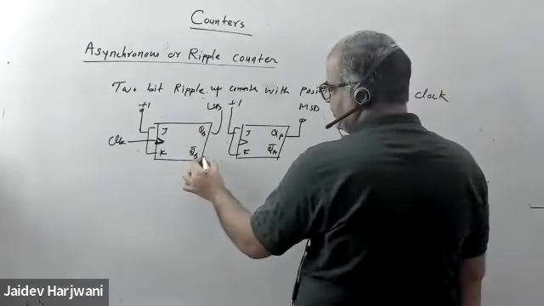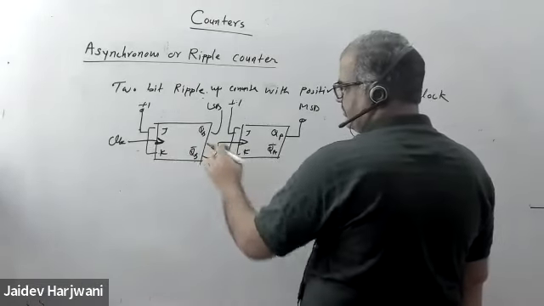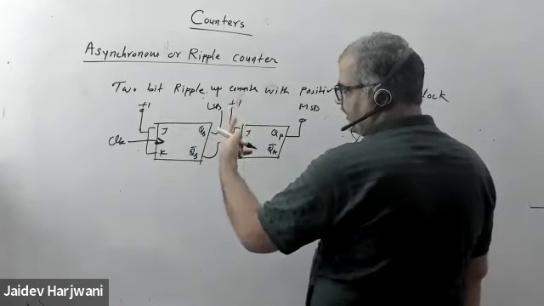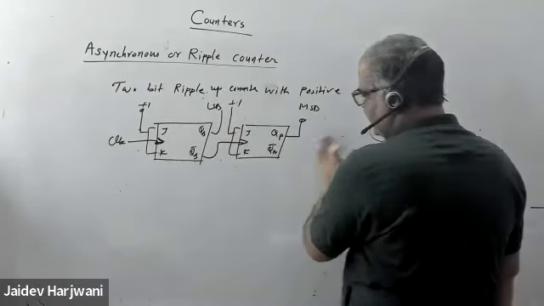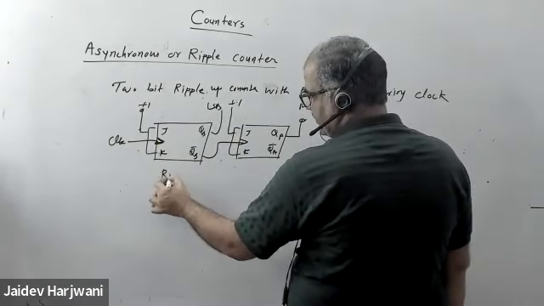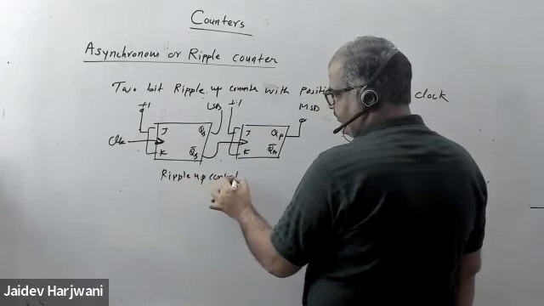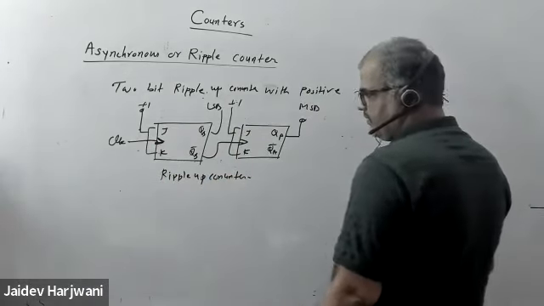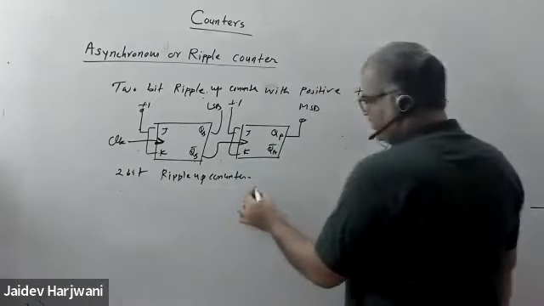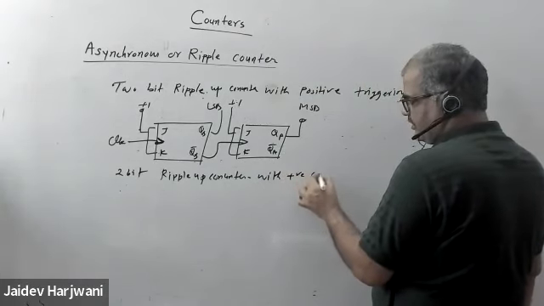This will be connected here, this will be connected here instead of negative triggering में ये था अप काउंटर के लिए, अब it will be opposite. Okay, so this is your basically now ripple up counter, 2-bit ripple up counter with positive clock triggering.